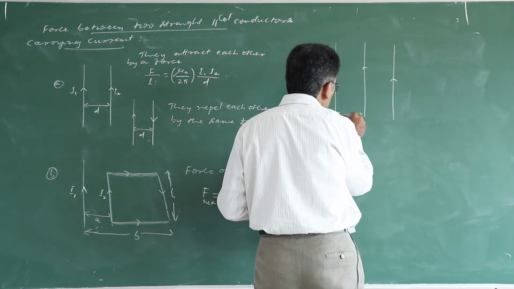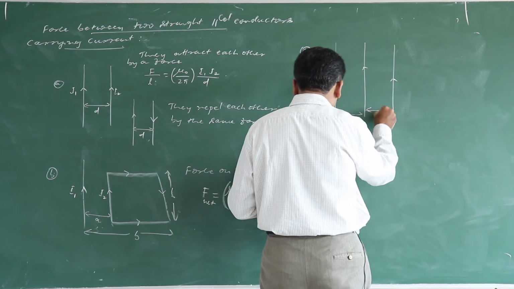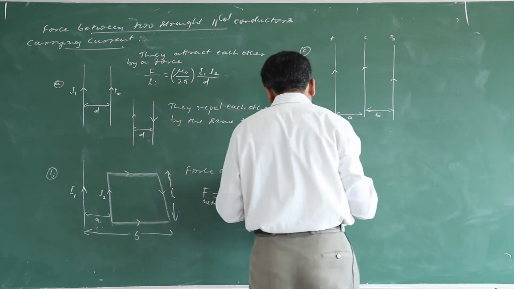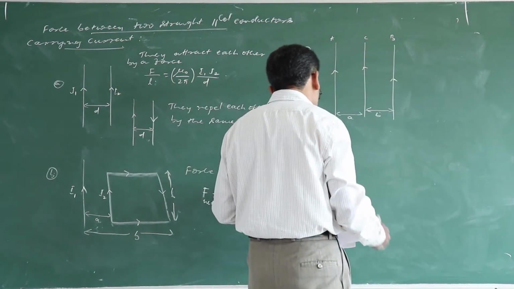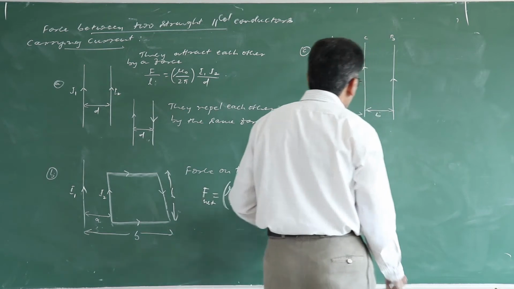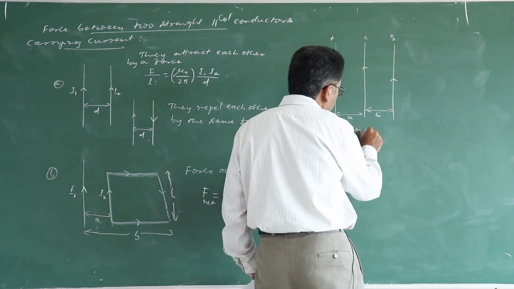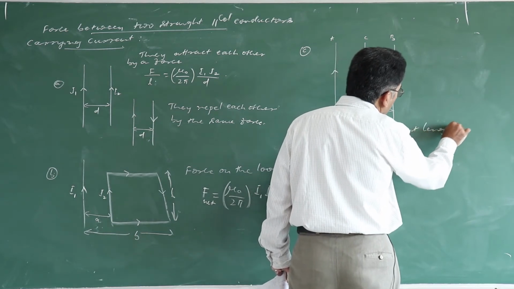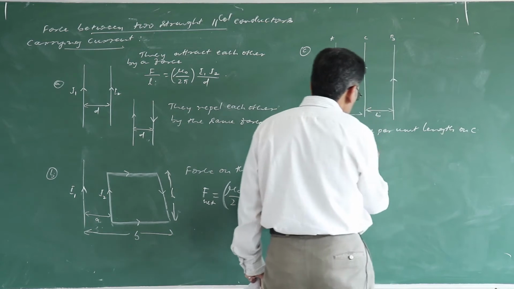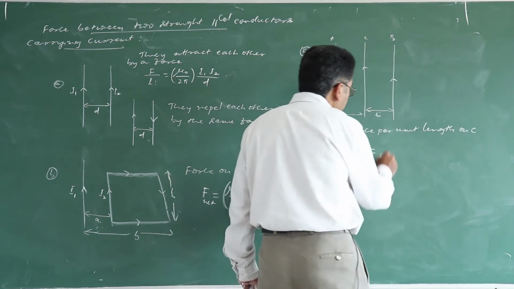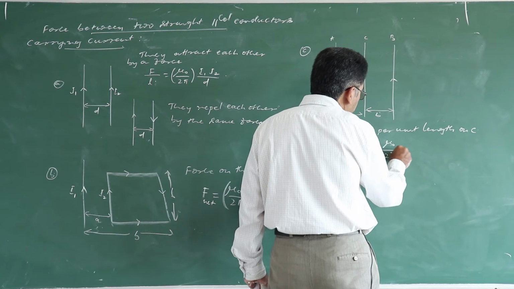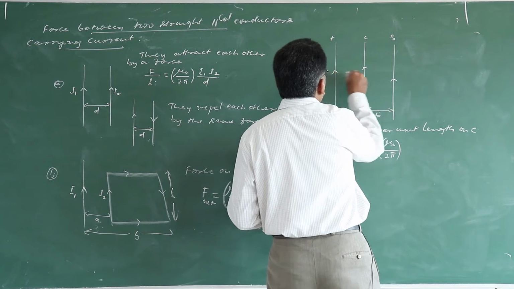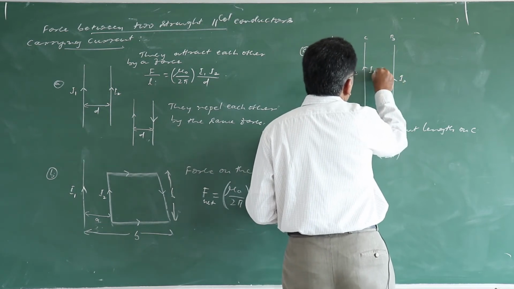Say this distance is A, this distance is B. Okay, A, C, B. See, therefore, force per unit length on C is given by F by L is equal to mu naught by 2 pi. So if you take current, this is I1, this is I2, this is I3.